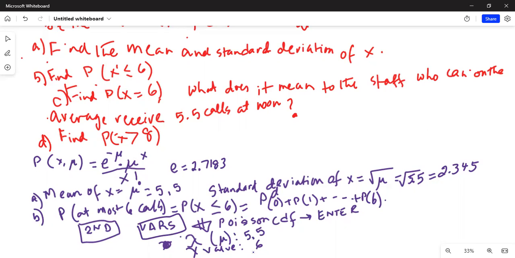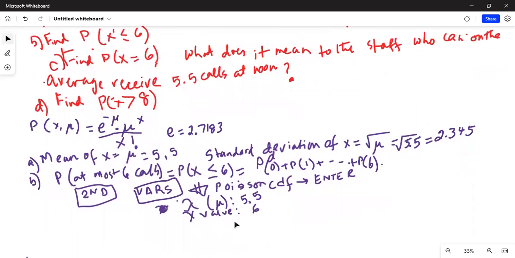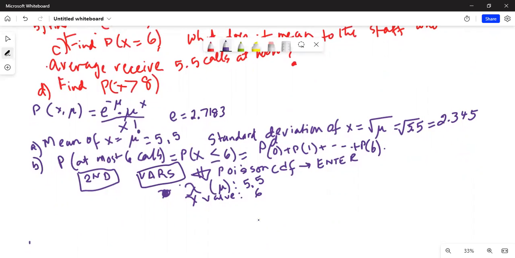And then we go down to paste and hit enter. Enter twice.